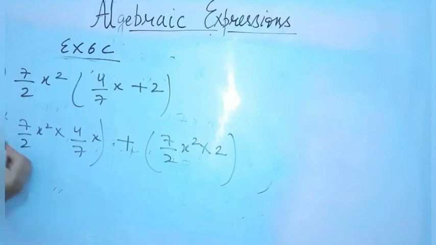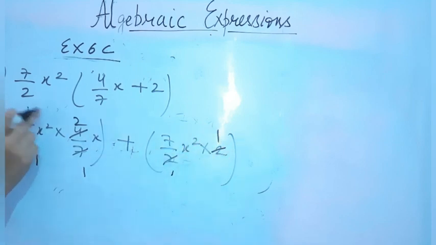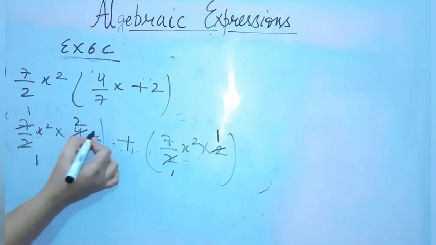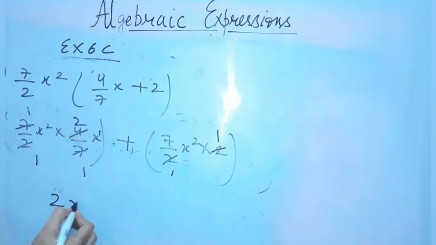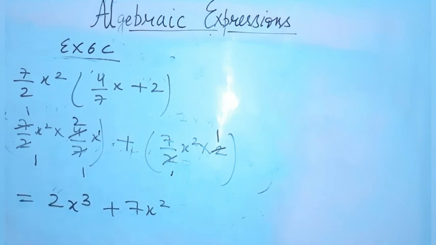Definitely we can reduce: 7 ones are 7 ones are, 2 ones are 2 twos are, 2 ones are 2 ones are. Now what is remaining? 1 twos are 2, x square multiplied by x to the power of 1, so x to the power of 3. Here it is 7x square, only 7x square is remaining, so the final answer is 2x cube plus 7x square after reducing it. So you just have to simplify in order to obtain the final answer.